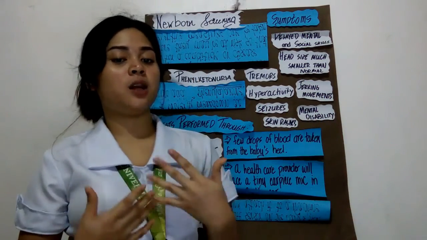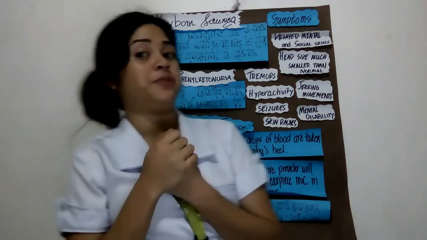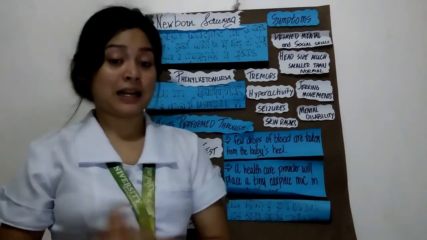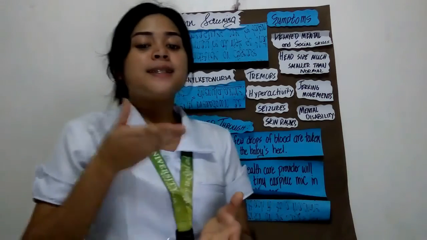Both parents must have passed on a non-working copy of the gene in order for a baby to have the condition. Babies with PKU, or phenylketonuria, are missing an enzyme called phenylalanine hydroxylase, which is needed to break down the essential amino acid phenylalanine.